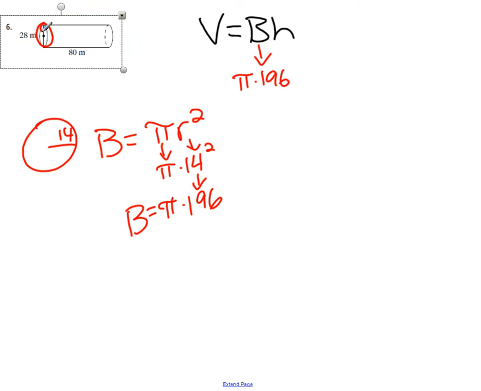Now we take the height of our cylinder, which is 80. That's a nice number. That's going to give us a nice big answer. So now we have 196 times 80, but it's a lot like 196 times 8, which really isn't that bad.